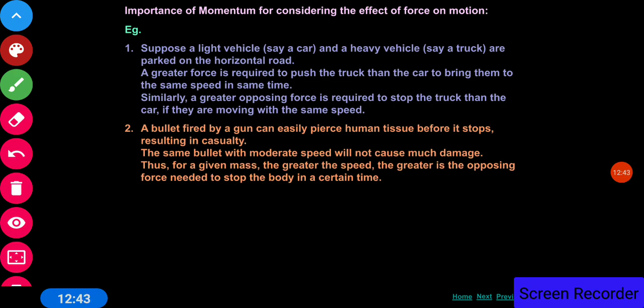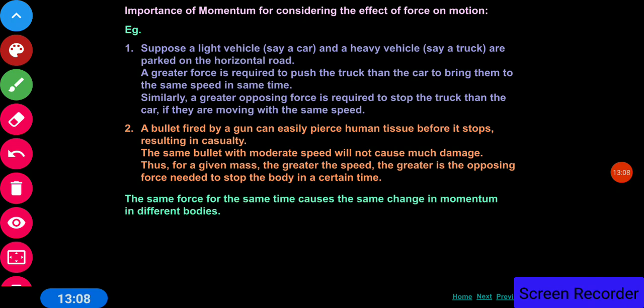A bullet fired by a gun can easily pierce human tissue before it stops, resulting in casualty. Here the speed of the bullet is very high, so its momentum is very large. The same bullet with moderate speed will not cause much damage. Thus, for a given mass, the greater the speed, the greater is the opposing force needed to stop the body in a certain time.